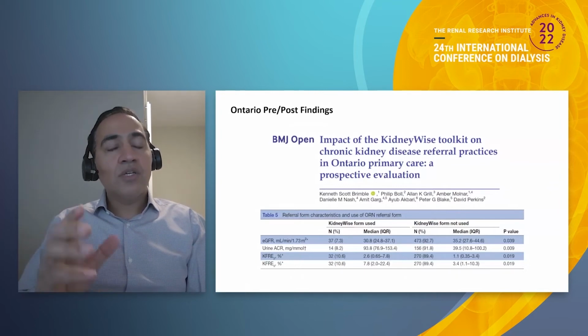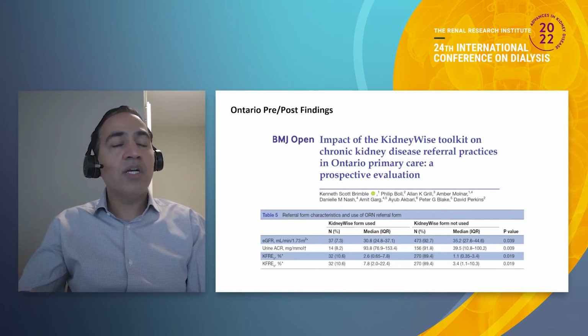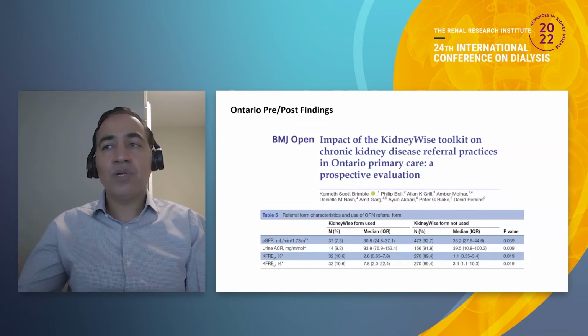So again, use of risk-based criteria gets you to see the right patients at the right time. Not every patient with CKD stage 3 needs to see a nephrologist, and this is really about determining who needs to see a person in a timely manner.